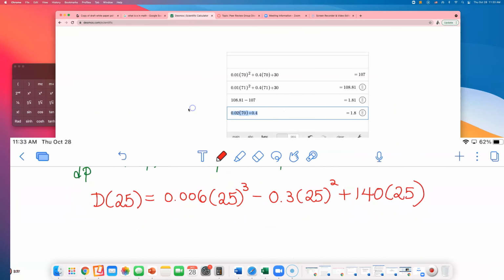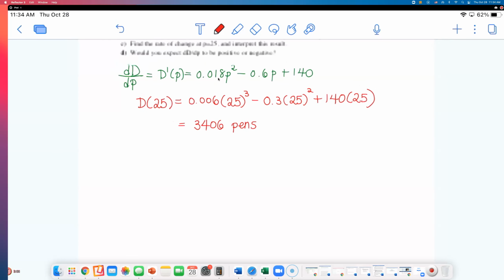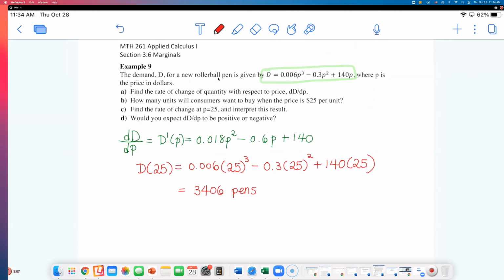Okay, so 0.006 times 25 cubed minus 0.3 times 25 squared plus 140 times 25. So the demand will be 3,406 pens. If it is $25, the demand will be 3,406 pens.